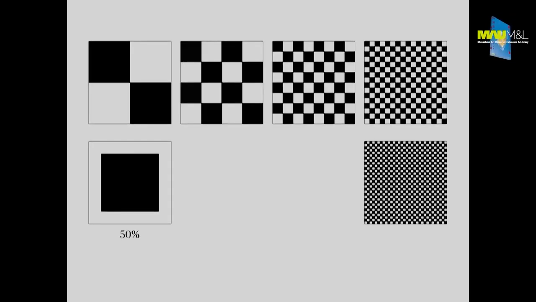The 50% one in the bottom left has one segment. Top left is two segments. Going towards the right, it is 4 segments, 8 segments, 16 segments, and 32 segments. Even though the segmenting gets more minute, all of them have a 50% concentration. As per the regular lattice pattern, it is 50% gray.